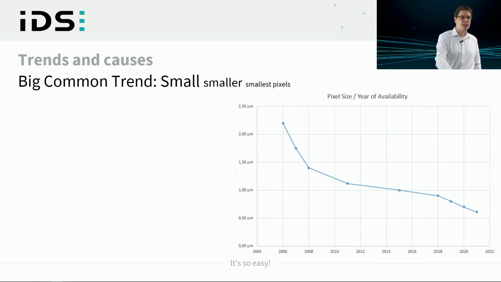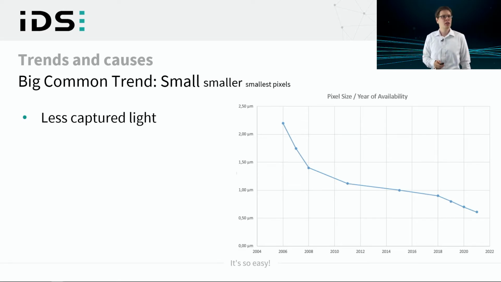But on the downside, smaller pixels mean less imaging performance. With the same scene conditions, fewer photons hit each pixel per time, just related to the available area for each pixel. The quantum efficiency, that's the probability a photon gets counted by the pixel, lowers.